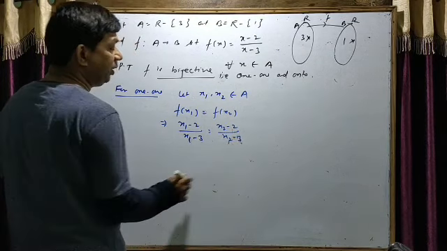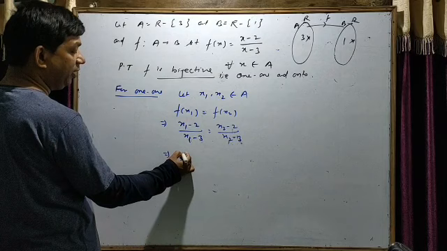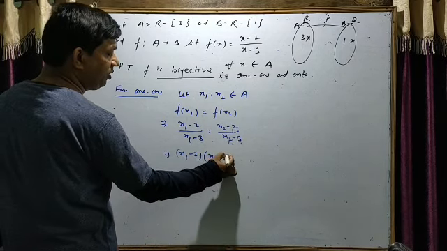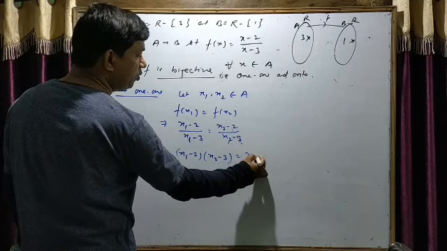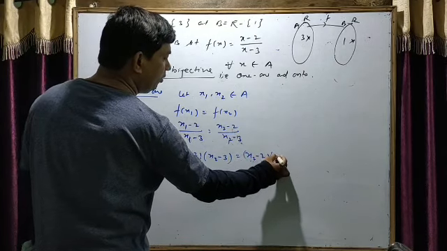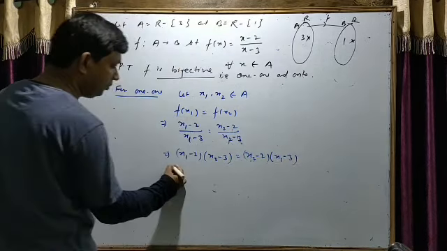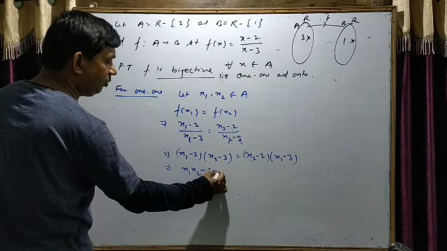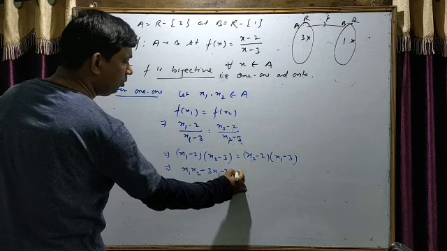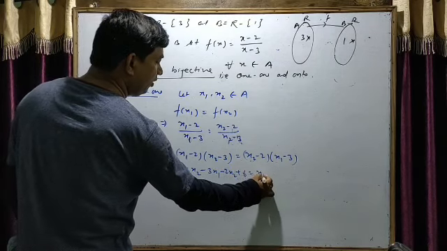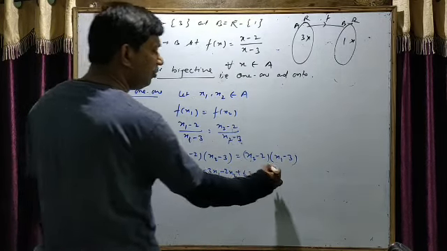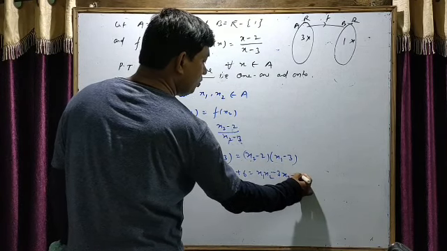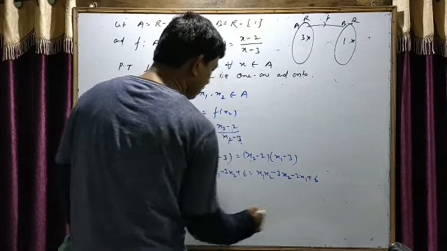Okay, now cross multiply: (x1 minus 2)(x2 minus 3) equal to (x2 minus 2)(x1 minus 3). This is x1x2 minus 3x1 minus 2x2 plus 6 equal to x1x2 minus 3x2 minus 2x1 plus 6.